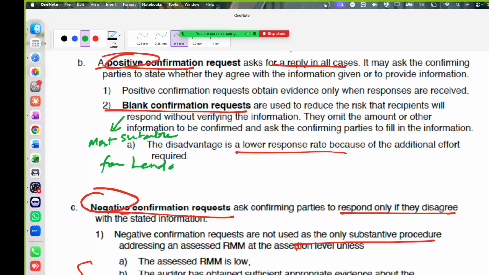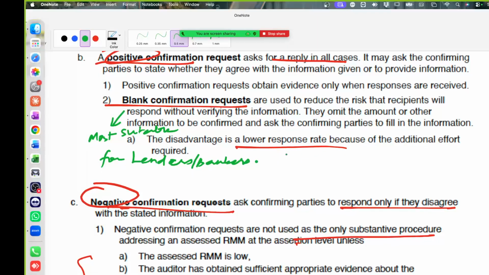For lenders or bankers, negative confirmation is suitable only when the chance of a difference is very low. Which one to use, you should decide as an auditor, depending on the circumstances.